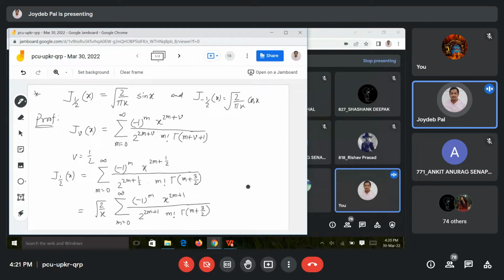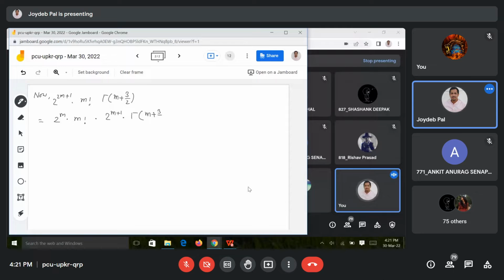Now I'm writing m plus 1 into gamma m plus 3 by 2. Can I write this?